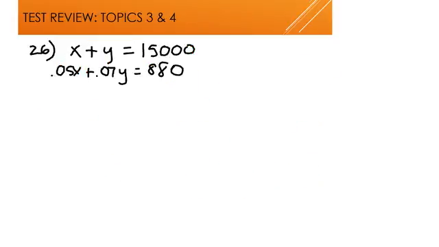For problem number 26, I went ahead and set up the equations. In the problem it says that $15,000 was invested. So I invested a certain amount for X and a certain amount for Y into these 2 bonds. Each of the bonds is worth a certain amount of money. So what happens is I want to multiply the interest that I'm going to receive from the investment.